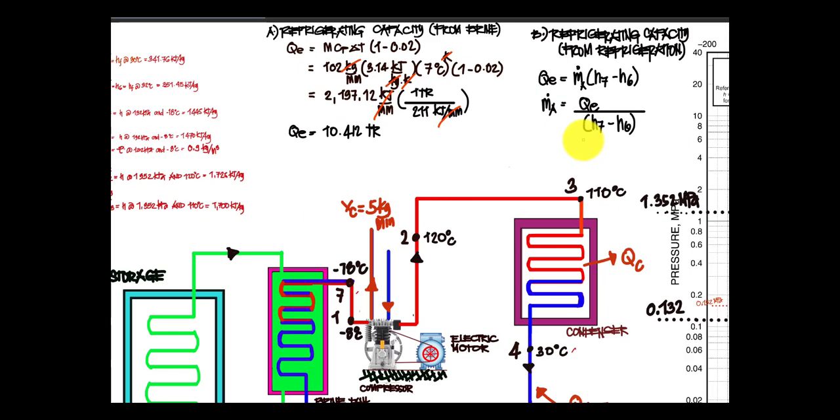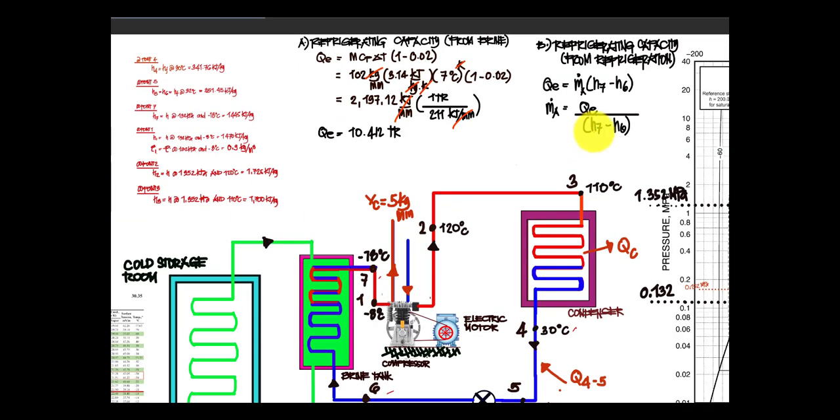Now let's substitute the values here. Looking back at the data that we have gathered previously, we have the mass flow rate of the ammonia, then we have QE, which is 10.412 tons of refrigerant. So we're going to use 2197.12.